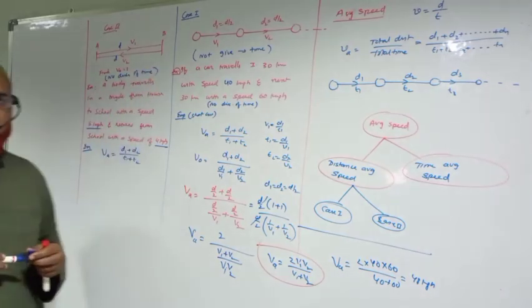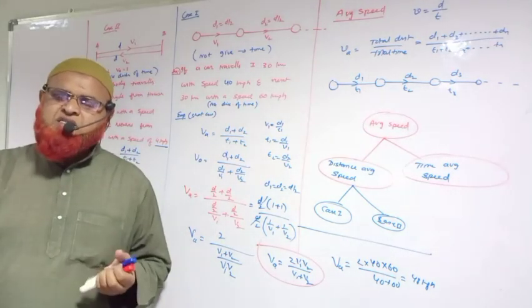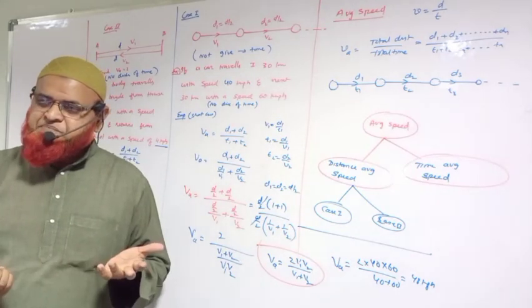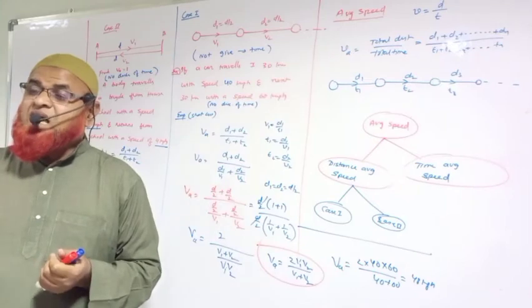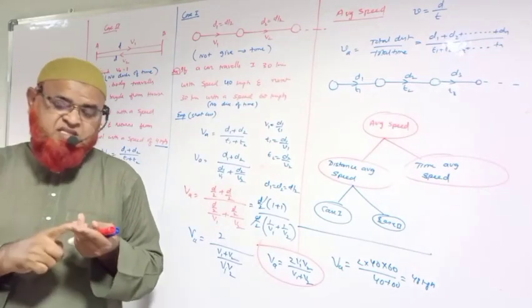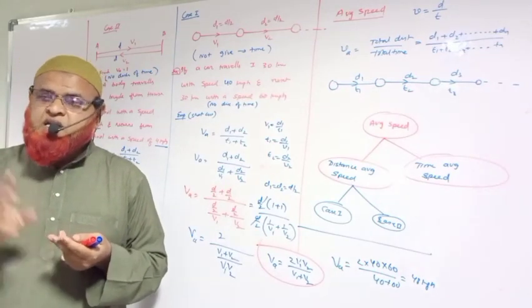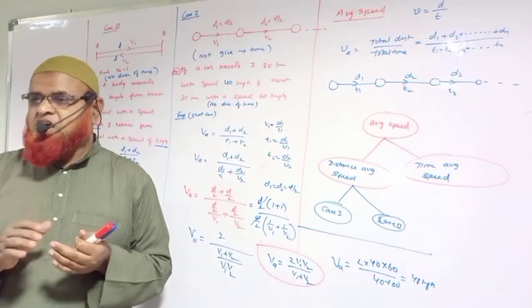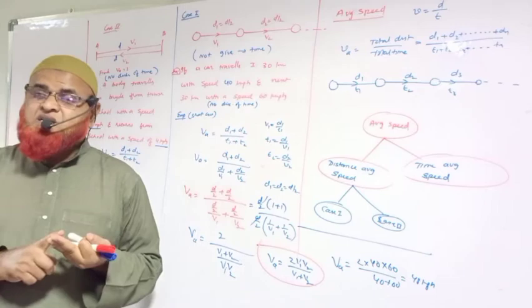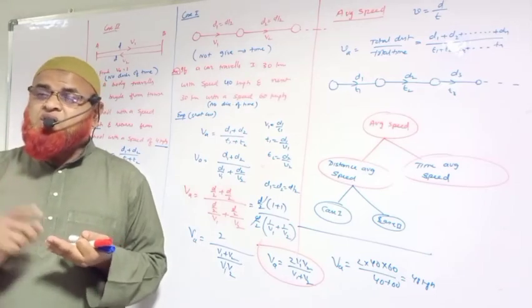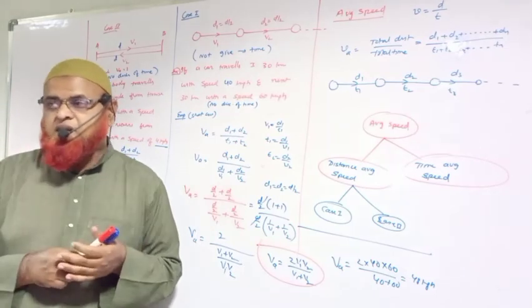As there is no discussion of time, there is only the discussion of distance here, that's it. That's what is called as distance average speed. Distance average speed, because there is a discussion of distance and there is a discussion of speed, but there is no discussion of time here. Time average speed means there is a discussion of time, there is a discussion of speed, but there is no discussion of distance there. Got the point now?